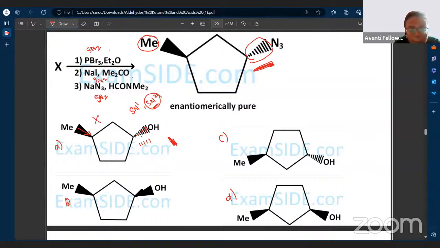But when I look into option B, here it is inversion. So when inversion happens, it is towards and it is away.